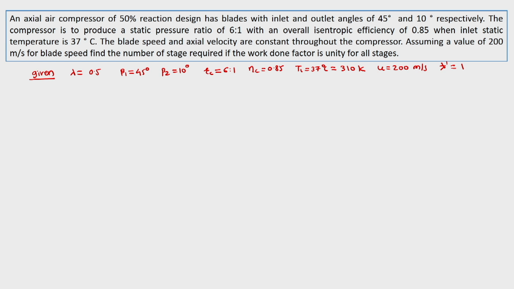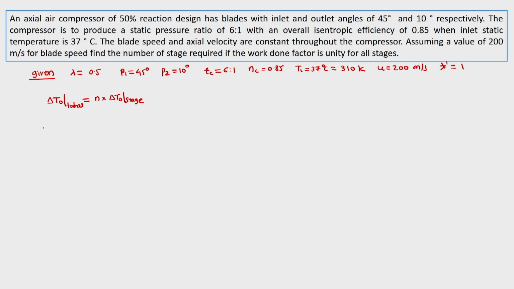So here, as we did, we know that the total temperature change in the compressor is equal to the number of stages times the total temperature change in a stage. Every stage has the same temperature rise.